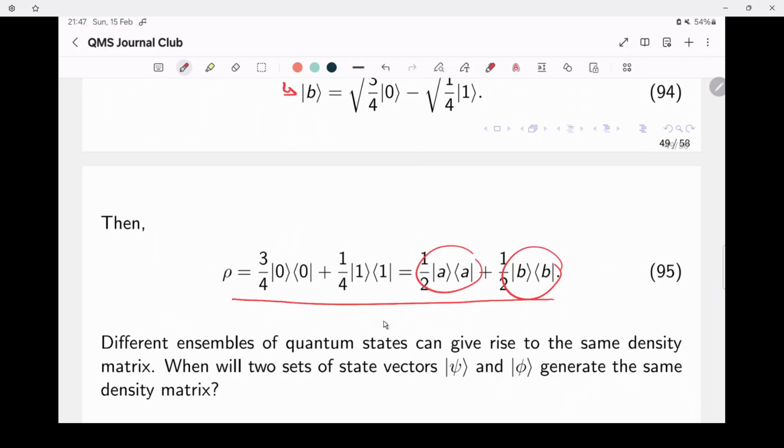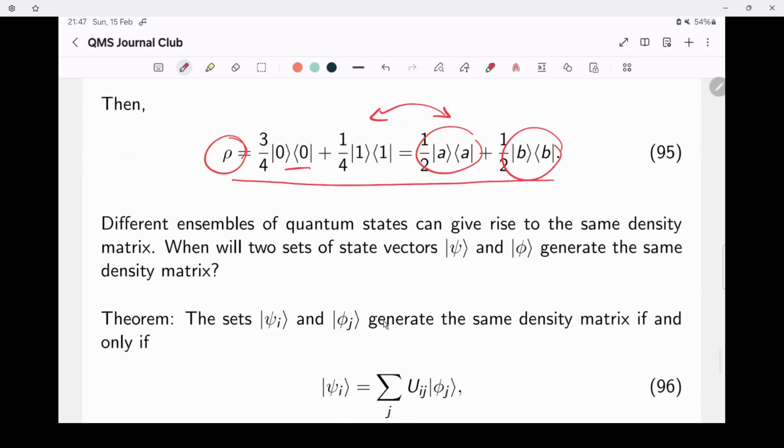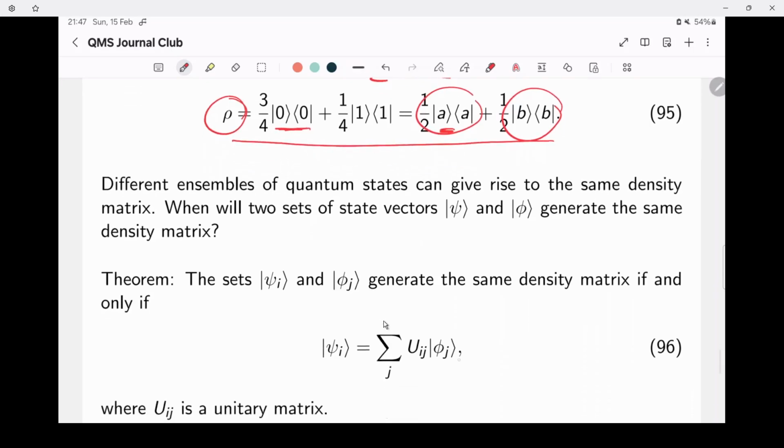So you may try to ask how these two are related to each other. In this case, the density matrix doesn't really give you a unique decomposition. As long as these two so-called state vectors are related by a unitary matrix, you can actually get the same density matrix.